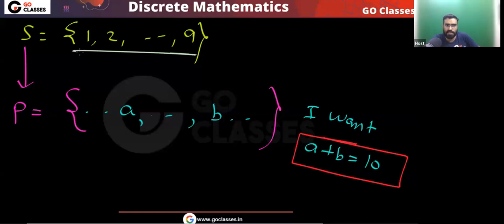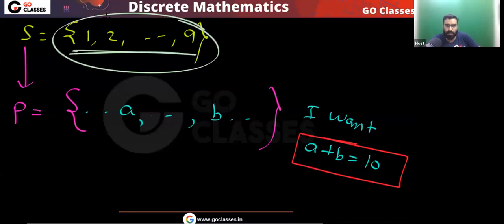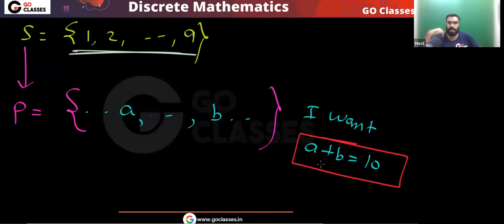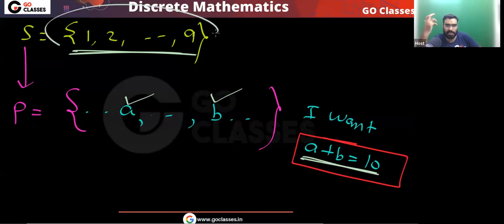So you just ask one simple question: in this, which are the two people who can give you summation equal to 10, right? In this P, I want two people who will give me summation equal to 10. So what question will I ask?